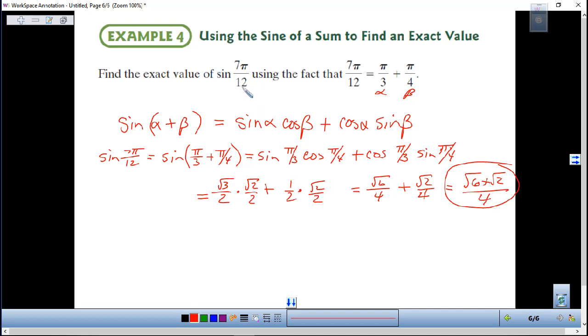The one we're looking at here, 7 pi over 12, is one of those 15-degree angles. So it's going to be very similar to a 15-degree angle that we found just a second ago. You're going to have a lot of combinations of square root of 6 and square root of 2. They could be subtracted, they could be swapped. You could have the square root of 2 minus the square root of 6 over 4. But they're going to look similar to this.